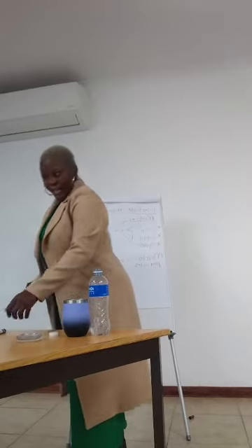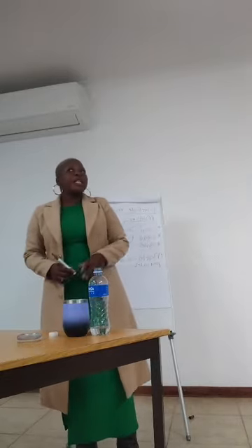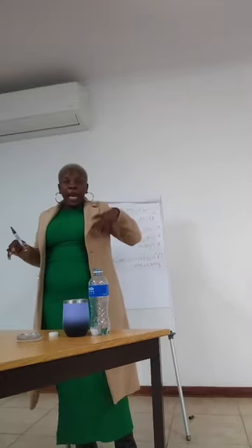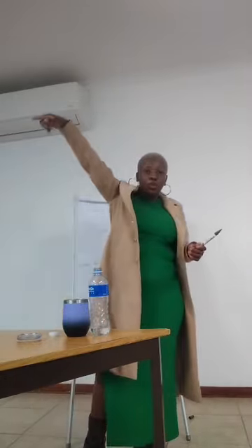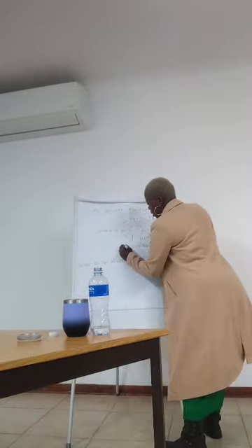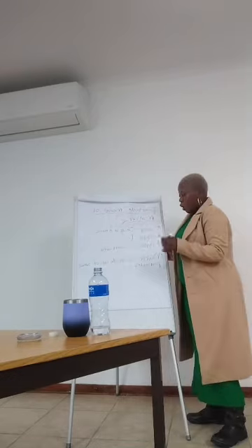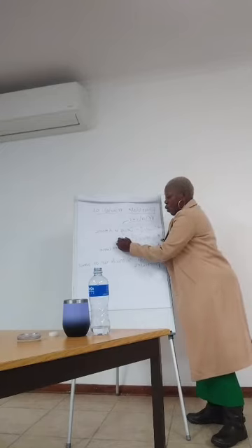These are examples of what? Of liquids. And when someone is spraying perfume here, the person in the next room can smell it. It means those are gases. Perfume is an example of gases.